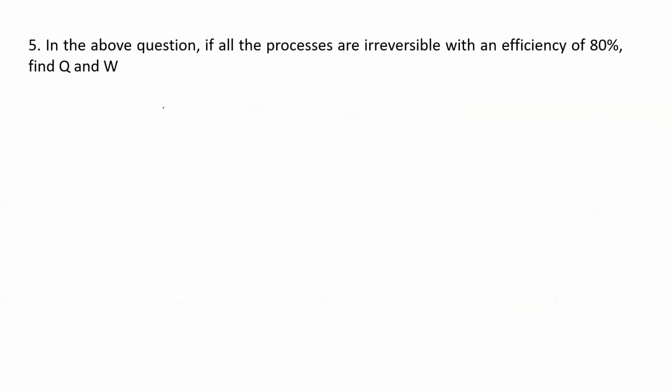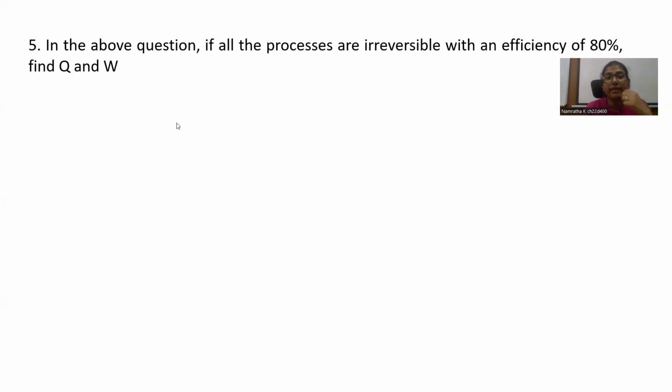Okay. So generally, if it's an irreversible process, the efficiency is not 100%. If we assume that in the step 1, it was an adiabatic process, right? Q is equal to 0. This is what we are understanding. But in reality, Q is equal to 0 doesn't happen.